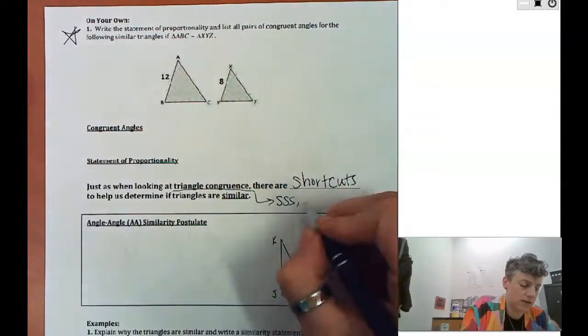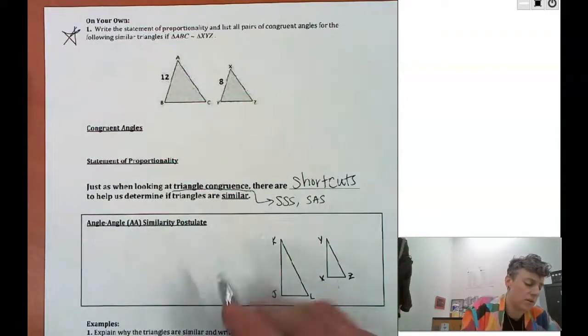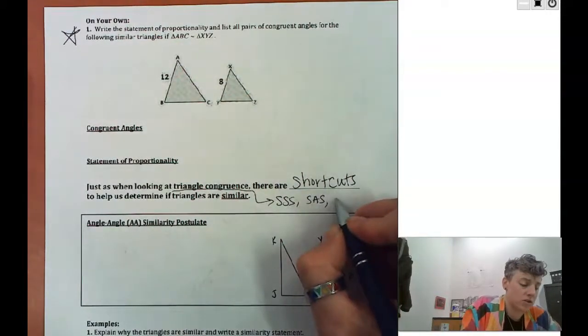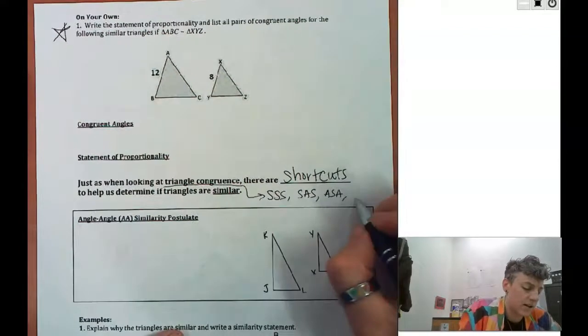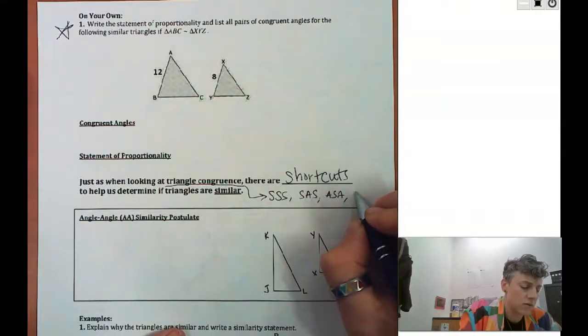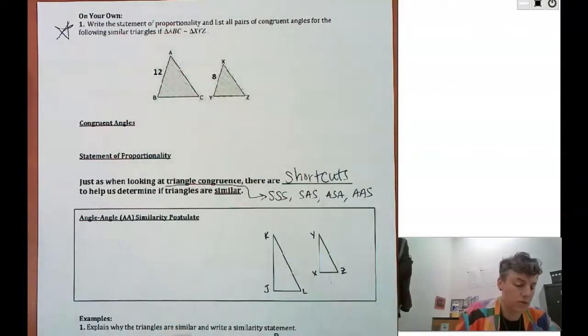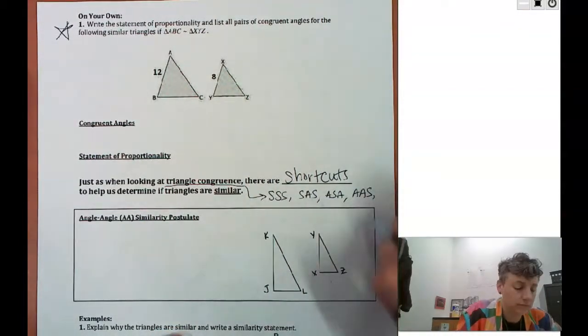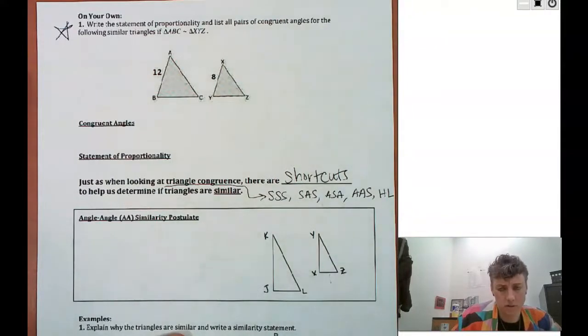If you know a side and an angle and a side, the angle between two sides, then the triangles are congruent. We said if you know a side between two congruent angles, it was congruent. If you knew two pairs of angles and a side that was not between the angles were congruent, then the triangles were congruent. Or if you had a right triangle and you knew the hypotenuse and the leg of those triangles were congruent, then the triangles were congruent. We didn't measure every single little thing to prove that the triangles were congruent.